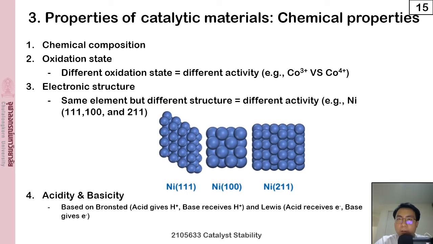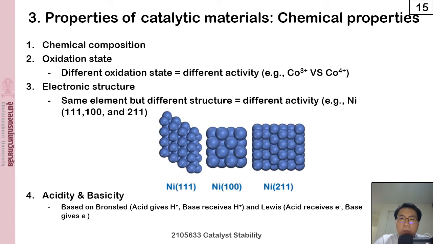This can also include the electronic structure, which is number 3. It links together. If you choose some element, it will organize to give a different electronic structure, which links to number 2, which is the oxidation state.